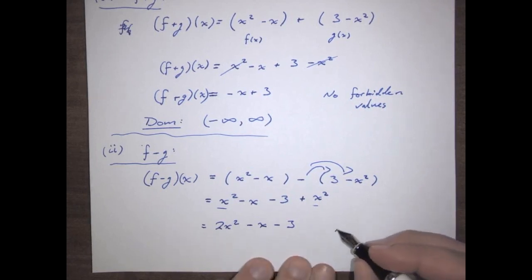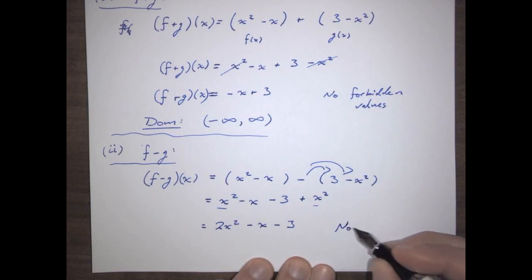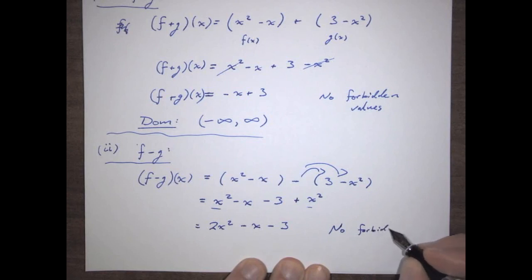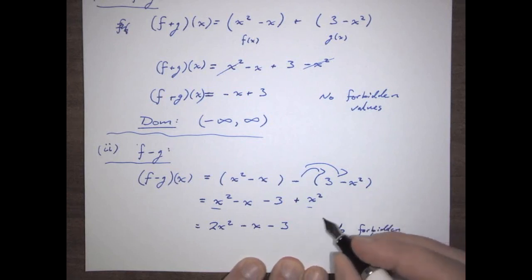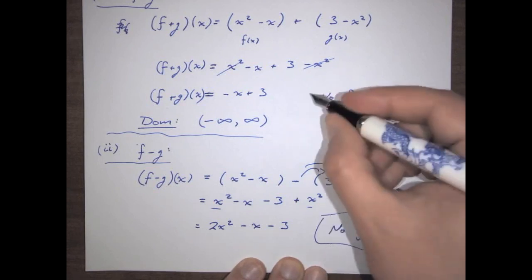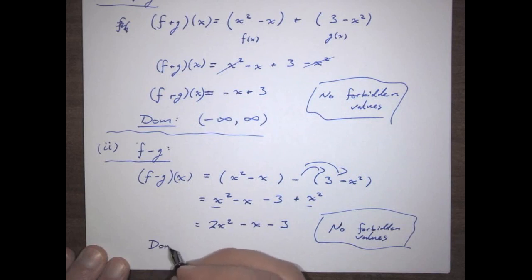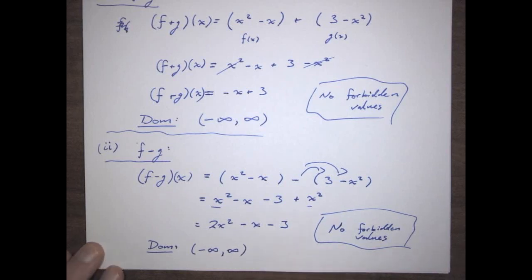Again, no forbidden values have appeared at any stage, because we're not doing any division, we're not taking any square roots, so nothing can go wrong. So what that means is the domain, again, is everything. All real numbers, which you can also write as just negative infinity to infinity.